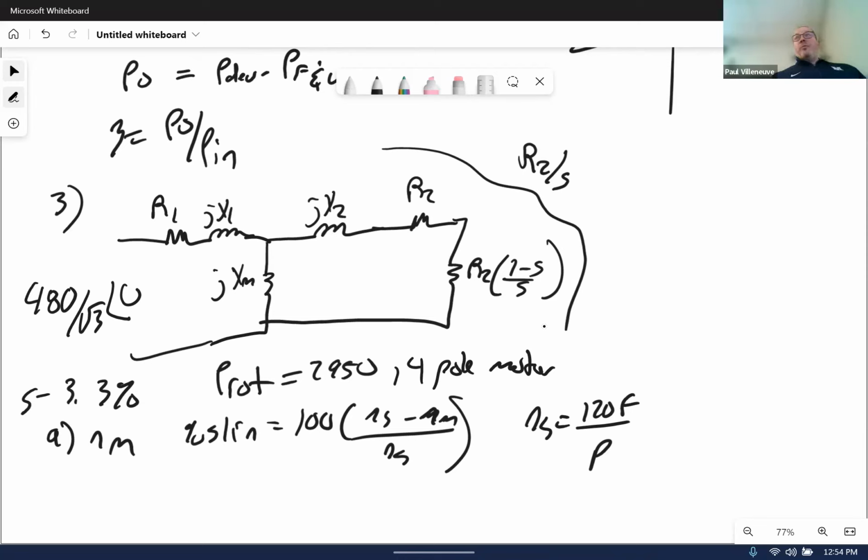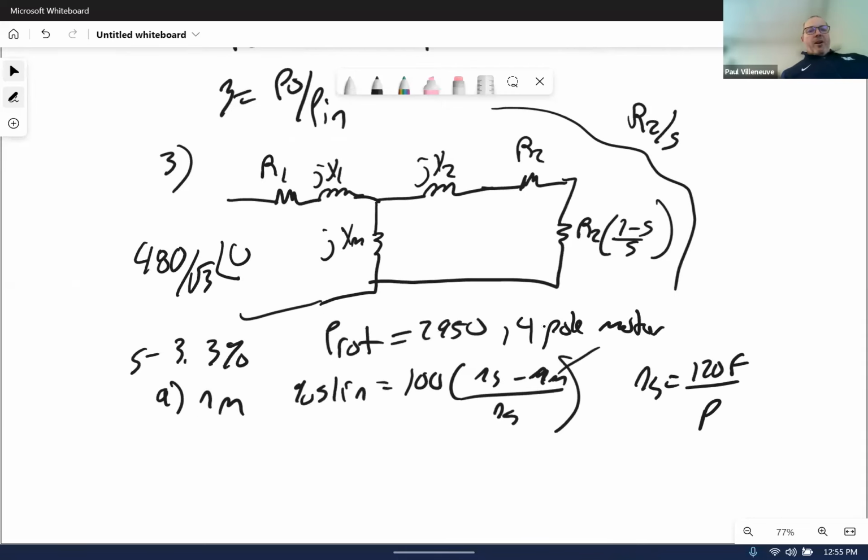I know it's a 4-pole machine. 1800 RPM is the synchronous speed. I plug that in here, and I should be able to pull out my mechanical speed of operation. Now that was in RPM. If you wanted radians per second, that's just a unit conversion. That's an extra step.